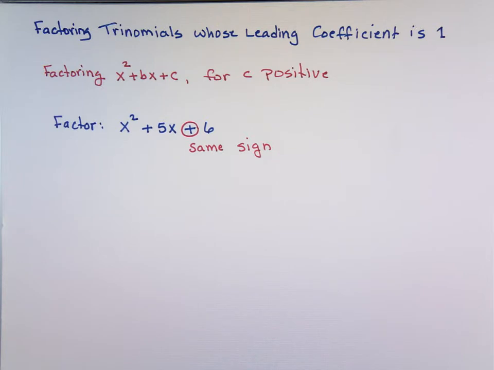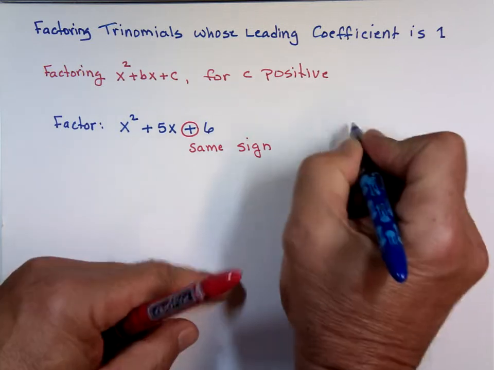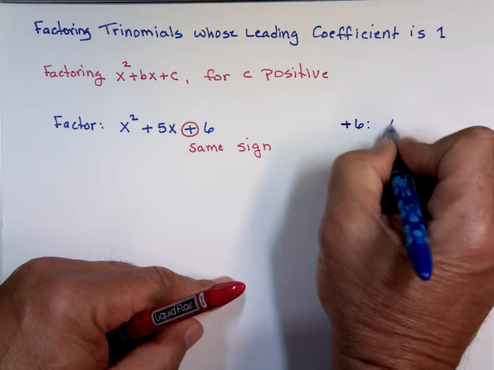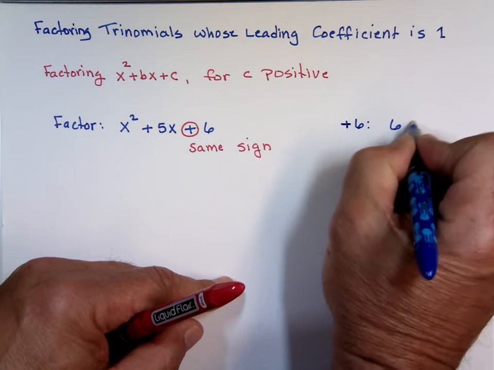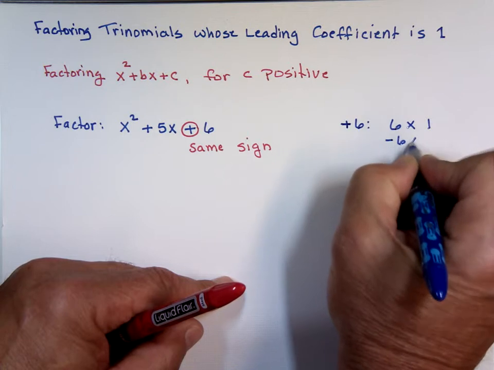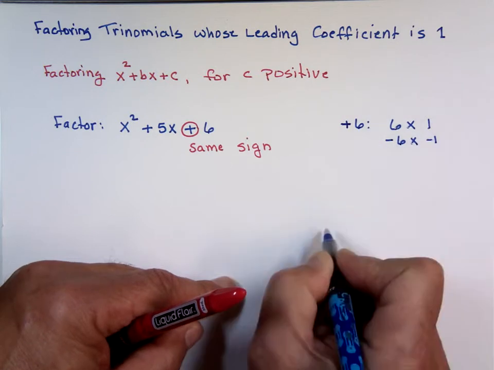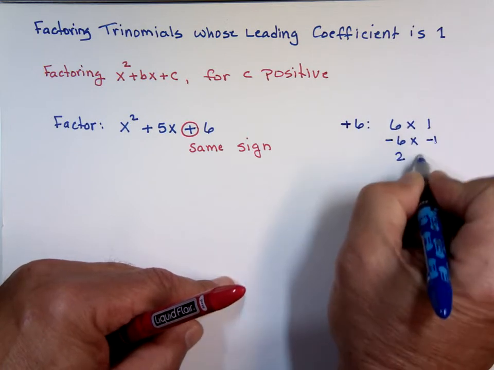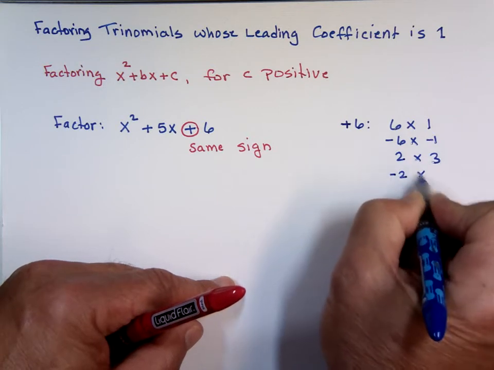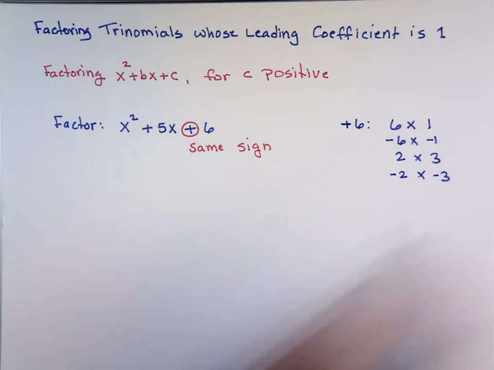Now when you look at a plus 6, you say, how do you get a plus 6? Well, it could be plus 6 times plus 1, could be negative 6 times a negative 1, could be a plus 2 times a 3, or it could be a negative 2 times a negative 3. That's how you get a plus 6.